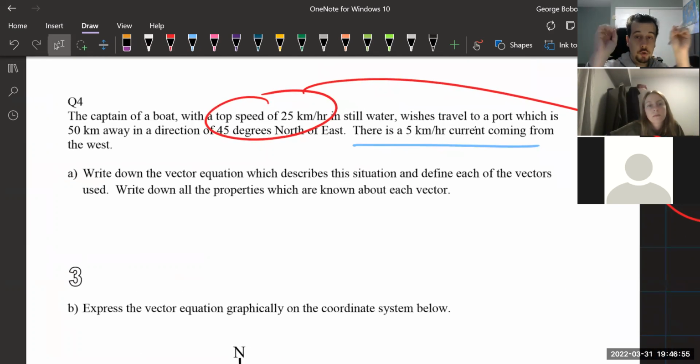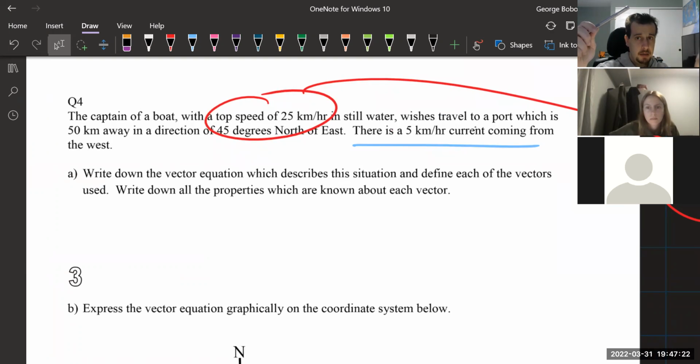It says 25 kilometers per hour in still water. So as soon as I turn on the water velocity, you're going to be moving differently. Think about that for a sec. Or even better, when does the water appear still for you?